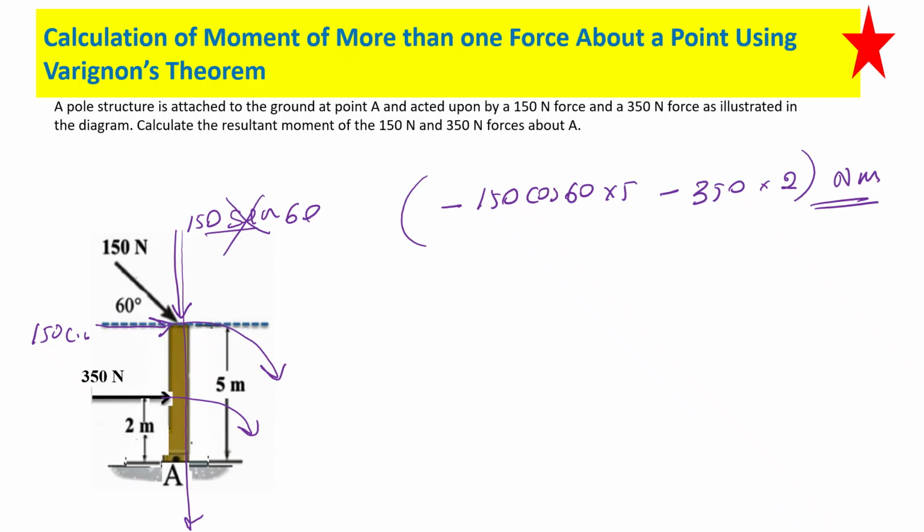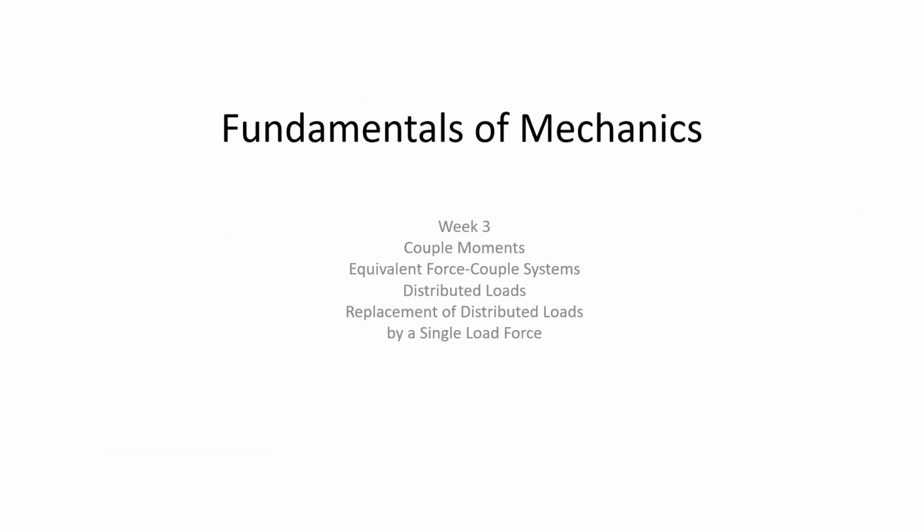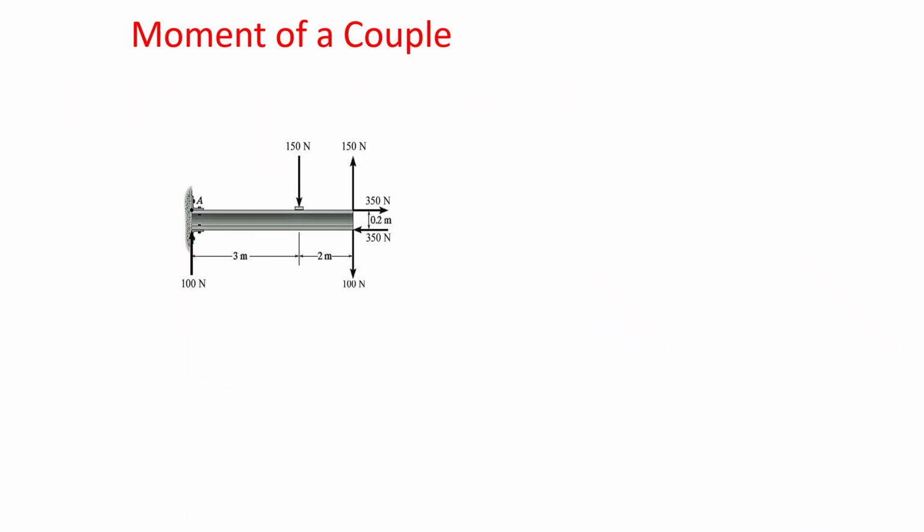Are we good with the moments? That's good. Now we'll do the couple moments. Okay. How do we recognize a couple? It is important to find couple moments, because if you know the couple moments, you already know the moment.